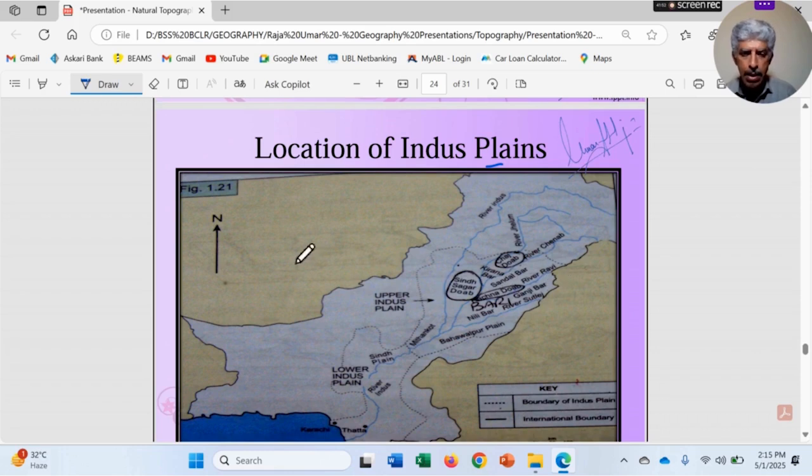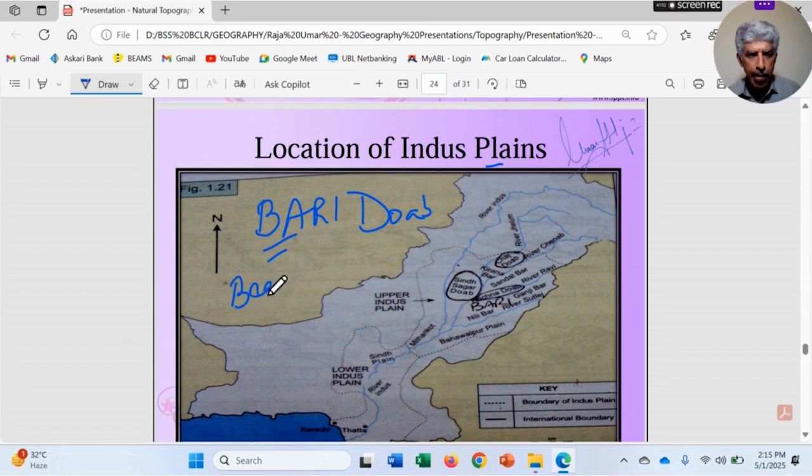Then there comes another one that is known as Bari Doab. The last one. As we have about 5 rivers over there, between those 5 rivers there are 4 Doabs. Bari Doab. So here comes the Beas River, river Beas and river Ravi. Look, here is river Ravi flowing, but this one is river Sutlej.